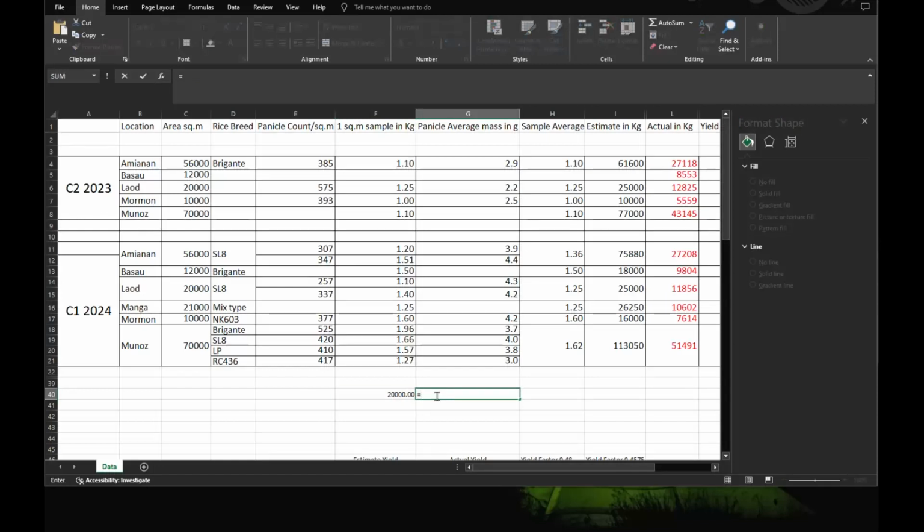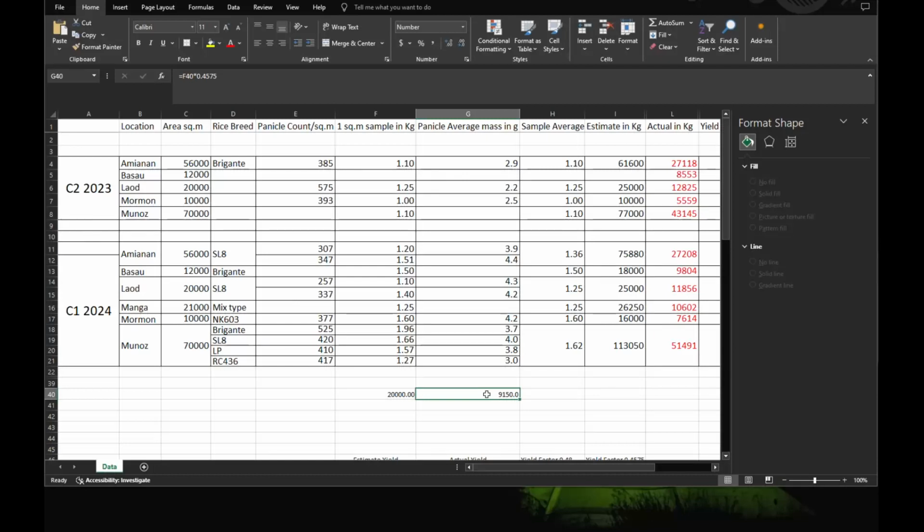So anyway, what would be the actual yield? The actual yield would be to multiply this by 0.4575. So basically, at the end of the day, when you harvest, you would get pretty much half of it.